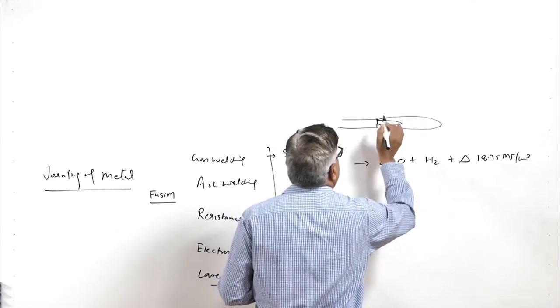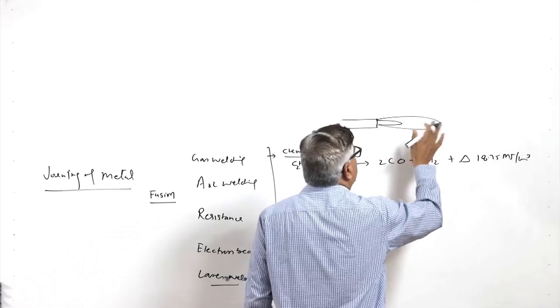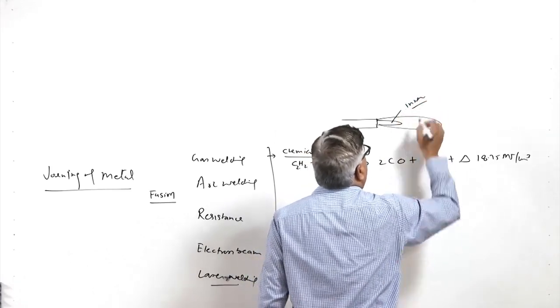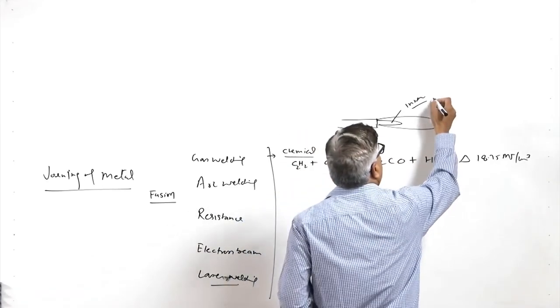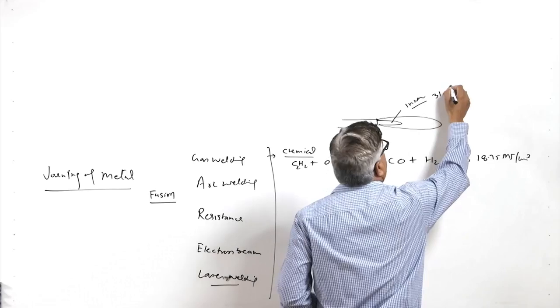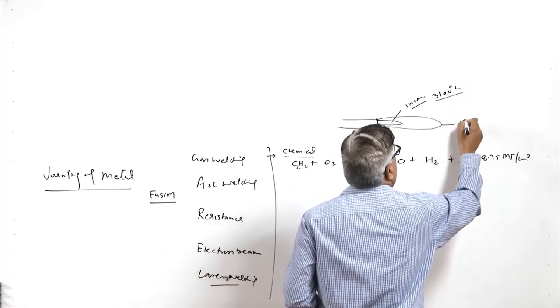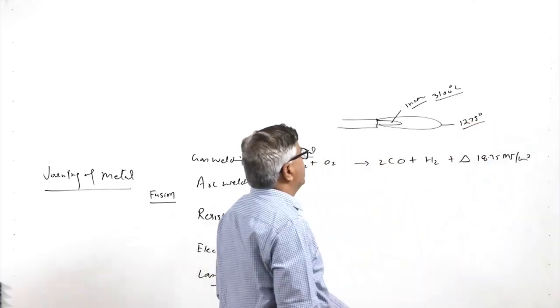When the oxyacetylene flame is produced, we get two cones primarily. One is the inner cone, where the temperature is much higher than the outer cone. The inner cone offers a temperature of around 3100 degrees centigrade, while the outer cone offers a temperature around 1275 degrees centigrade.